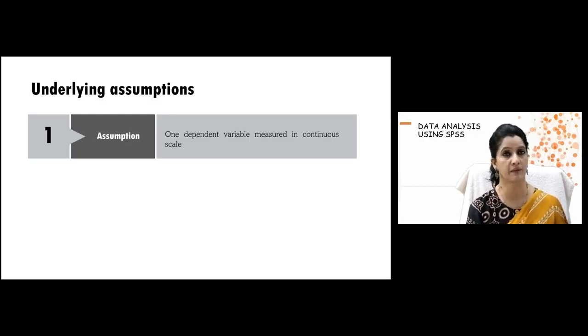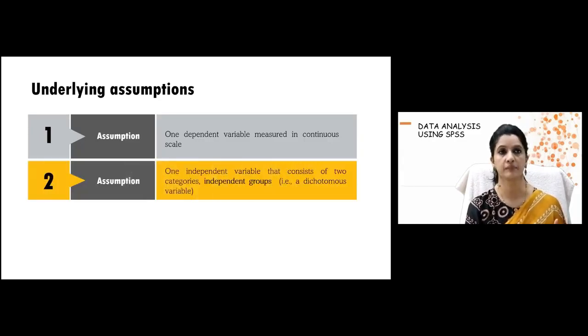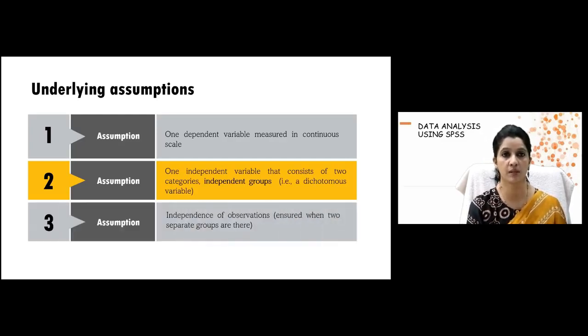The second is one independent variable that consists of two categories. In this case, it is a dichotomous variable like history of CVD, no history of CVD; student who had good sleep, student who didn't have good sleep; surgical technique 1, surgical technique 2. In all these three cases, it is a dichotomous variable.